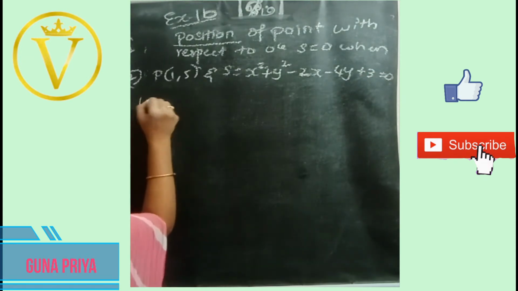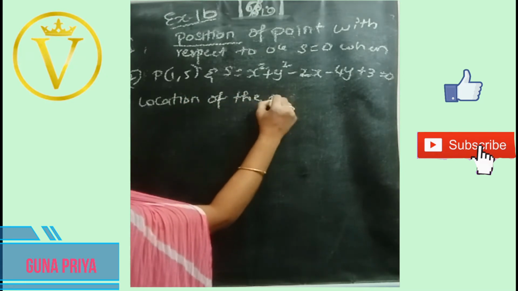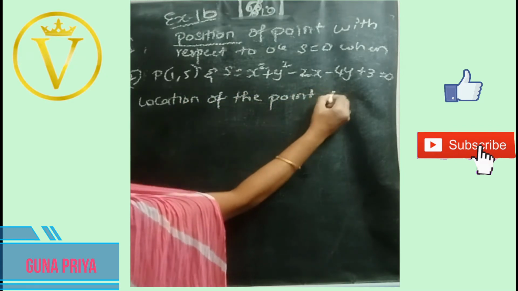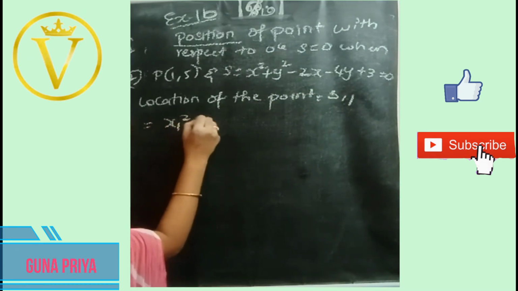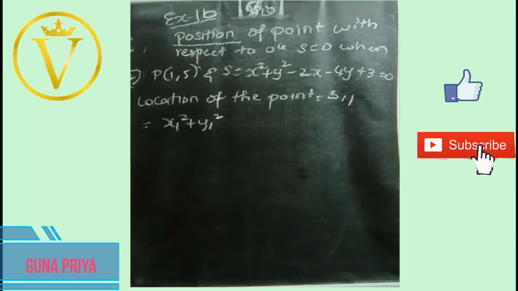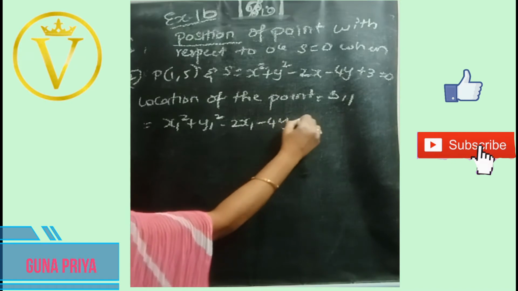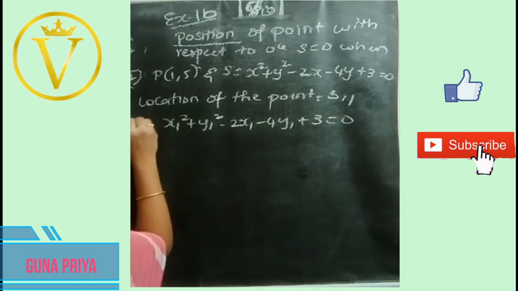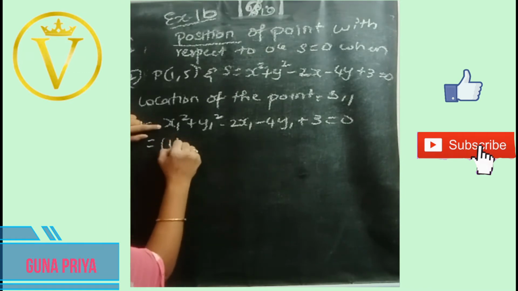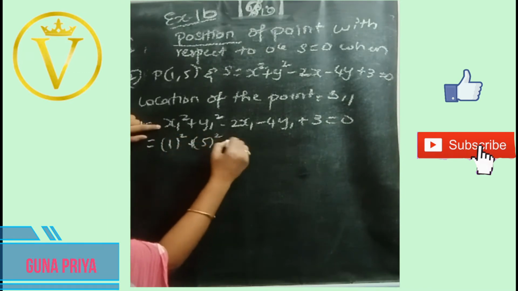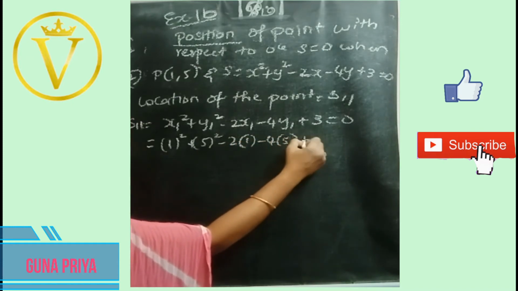Now the location of the point is S11. Then you will get x1 square plus y1 square minus 2x1 minus 4y1 plus 3, which is S11. So here 1 whole square plus 5 whole square minus 2 into 1 minus 4 into 5 plus 3.